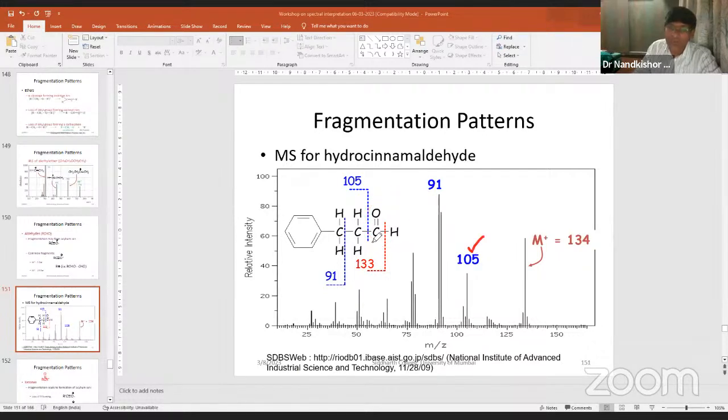This peak is because of the rest of the molecule. Now, this is a tropylium ion, the most stable one. Tropylium is another choice, as well as this loss of the aldehyde. So these are the prominent peaks possible in this type of aldehyde.